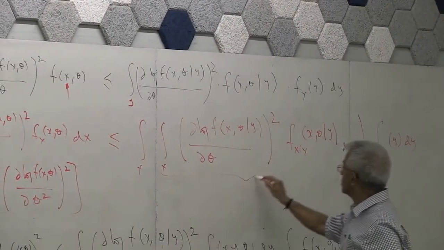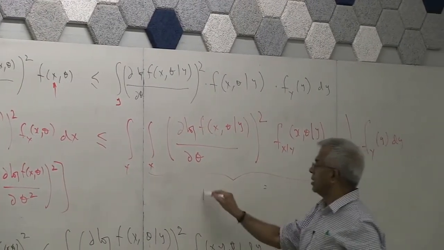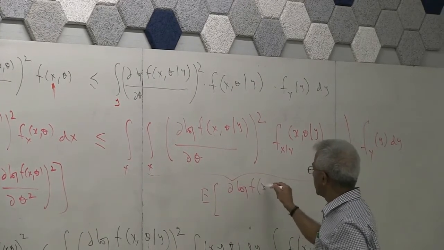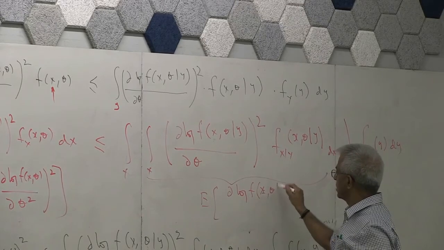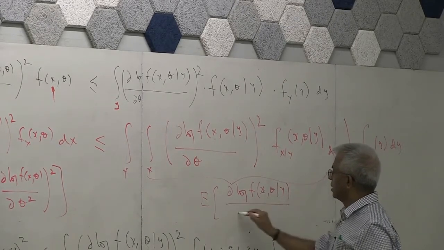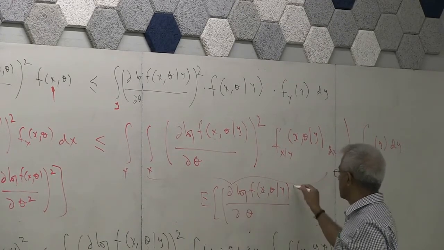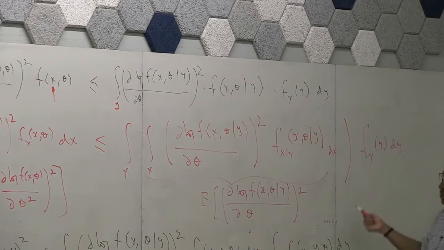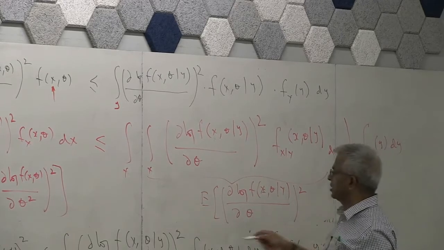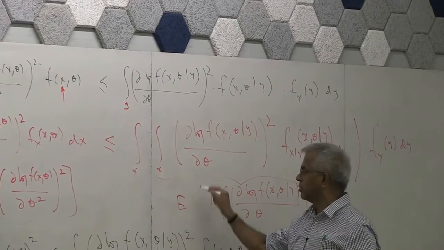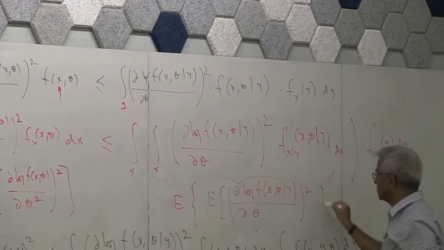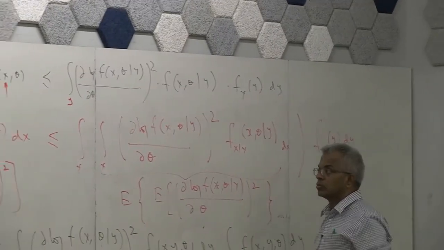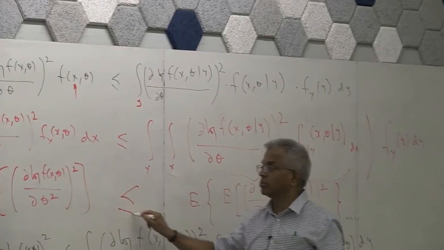See, this quantity is the expected value of d log f of x theta given y, d theta squared, right? That's the conditional expectation, conditional with respect to y. Then you have another expectation. Of course, the second expectation is with respect to y. First, right? So this quantity is less than or equal to this.